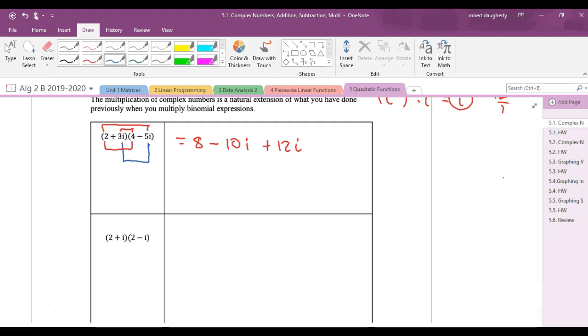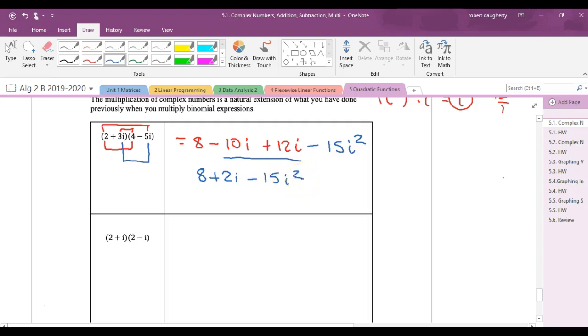Negative 15i squared. Does everyone see that? Now, do you think I'll leave that as my answer? I want it to be a complex number that looks like a plus bi. So the first thing I can do, what can I do with these 2 things? Let's go with positive 2i. So this is 8 plus 2i minus 15i squared.